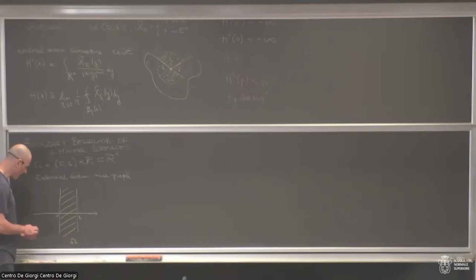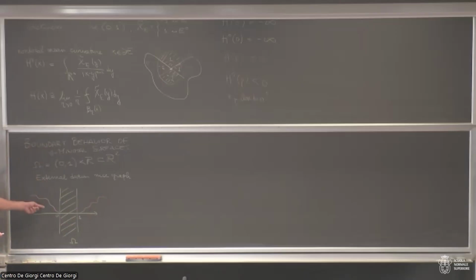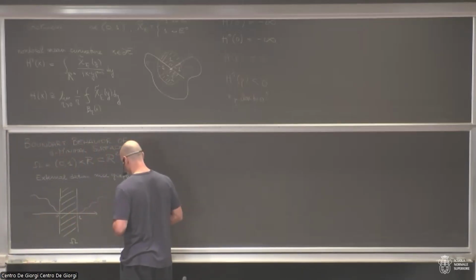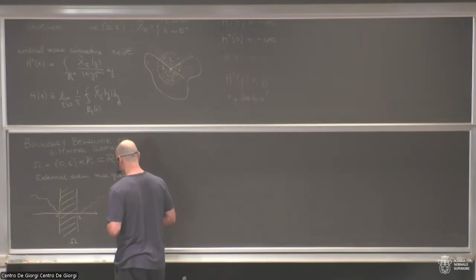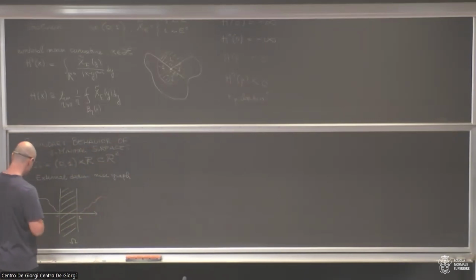Basically, this is my reference domain omega, and outside omega, I put a nice graph. And then I look for the s-minimal surface with this external datum. Now, the first fact that we proved with Serena and Ovidiu is that the graphical structure is preserved.